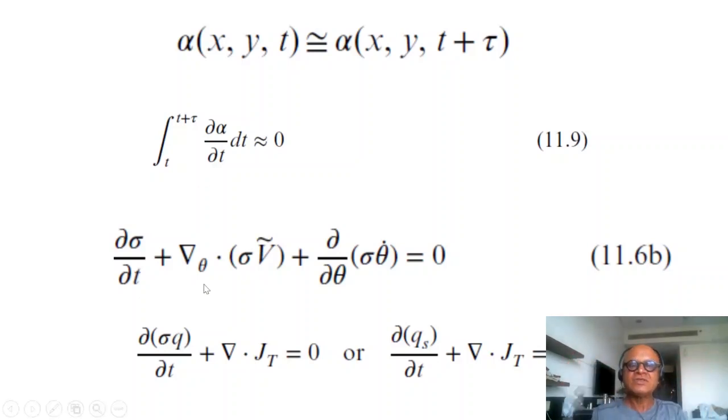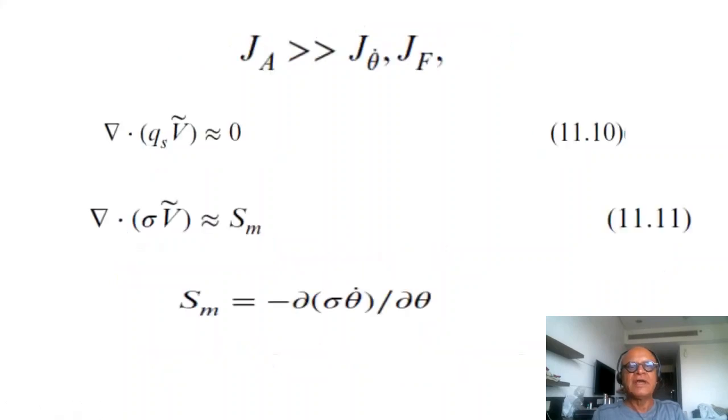Okay, that allows us to write a simplified equation for the conservation of the isentropic mass density, like a continuity equation in the isentropic coordinate, and we can write our PVS conservation equation together as divergence of PVS times V tilde on an isentropic surface is nearly 0, because in this case we assume that the advective flux is much greater than the diabatic production term and the dissipative term.